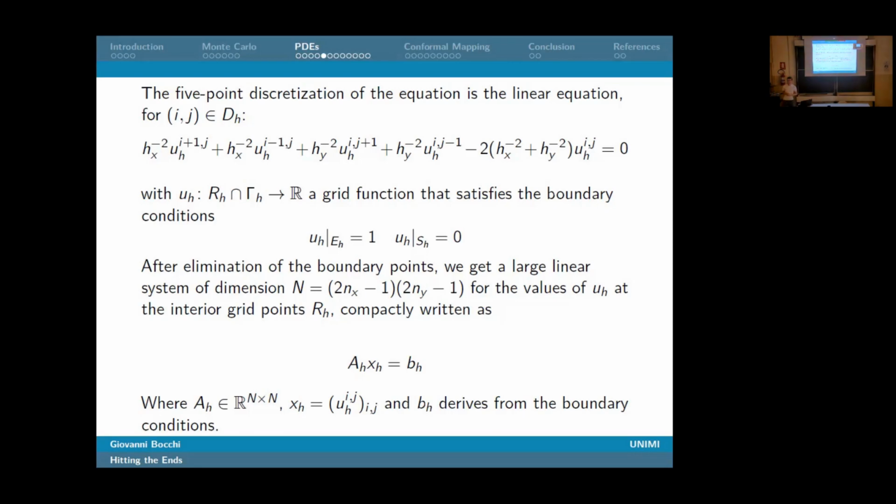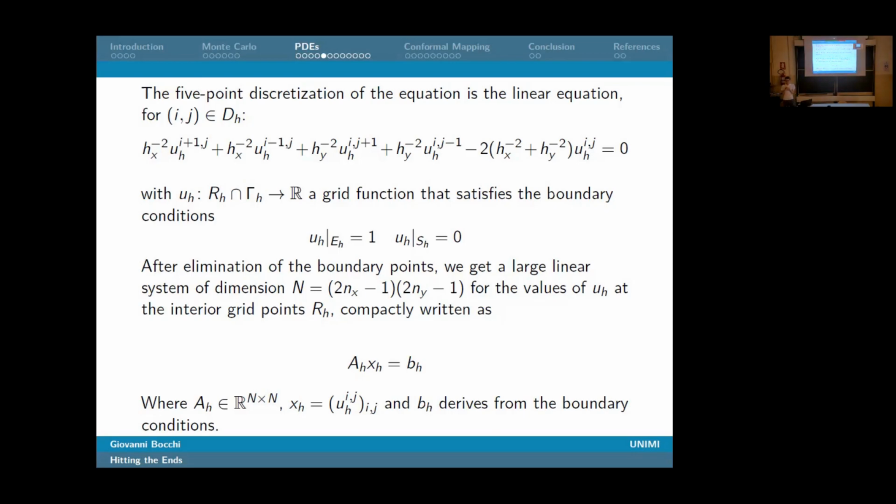Yes. Maybe I missed something. The 5-point discretization is a standard technique, and the reason why 5 points is that you discretize the second derivative with the centered second difference. So you get 3 terms.